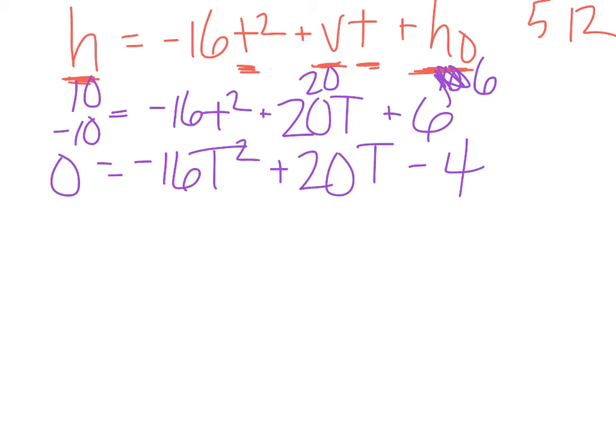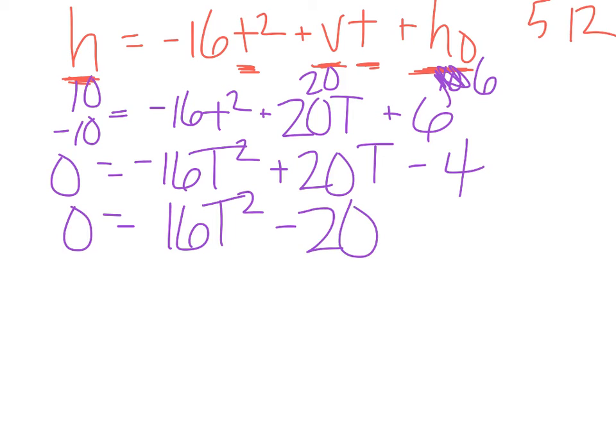That doesn't affect the 0, so we'll still have 0, but now it equals 16T squared minus 20T plus 4. That helps because now, if you look, we need to find two numbers that will give you negative 20 and multiply to get 64.